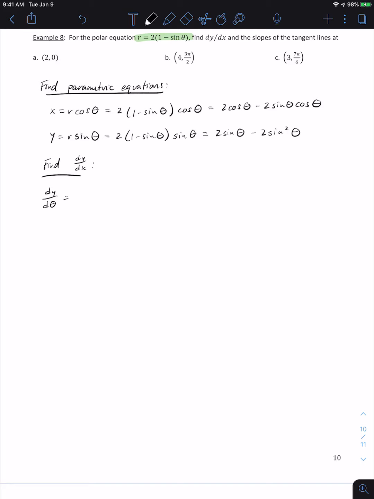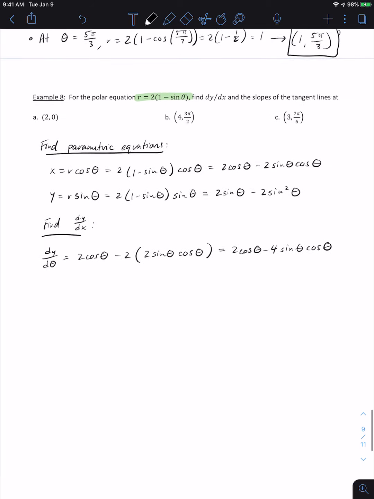The derivative of sine is cosine, so I get 2 cosine theta minus 2, and then I get 2 sine theta times the chain, cosine theta. So I end up getting 2 cosine theta minus 4 sine theta cosine theta.